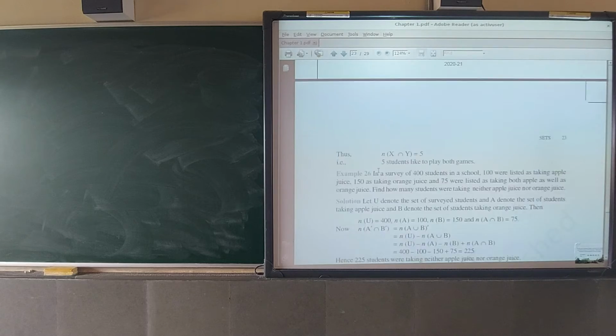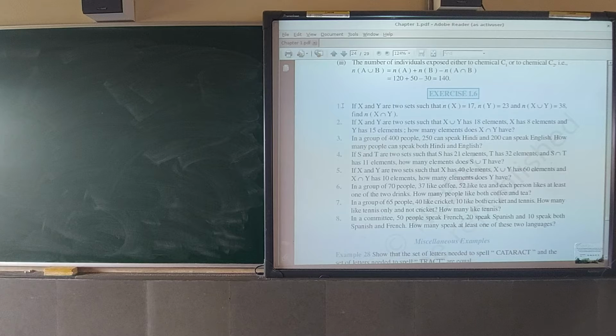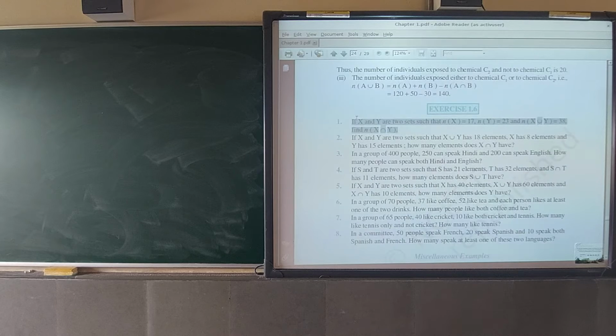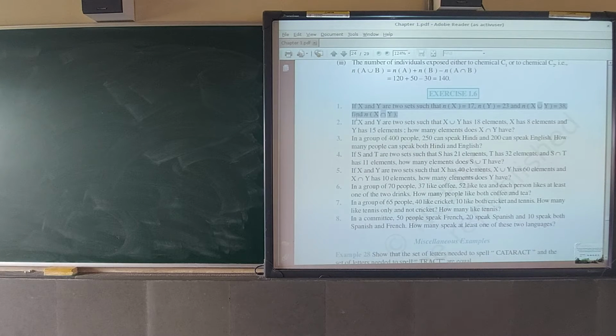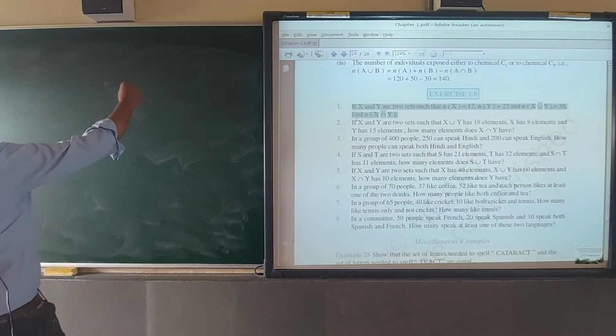Now we start the exercise directly. Then after we do the examples. Now first question. First I will write the formula on the board. If X and Y are two sets, then n(X) is given, n(Y) is given. What is the formula?